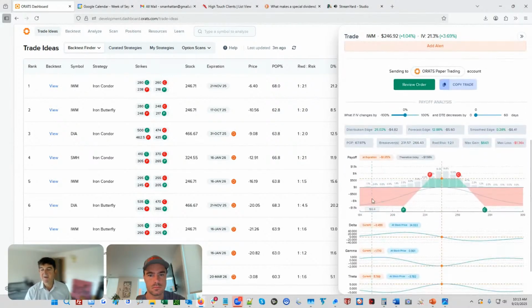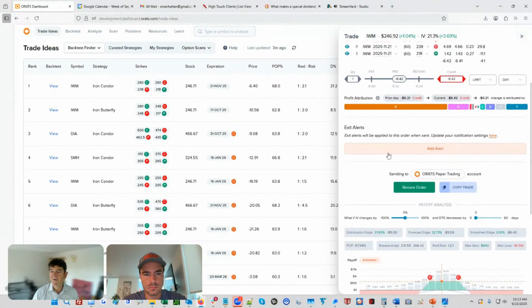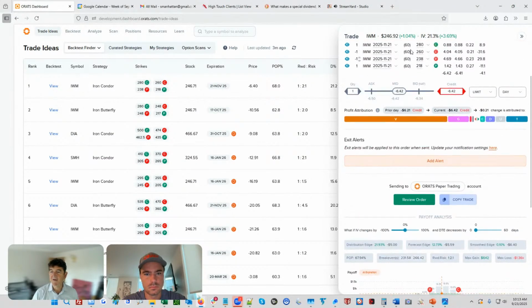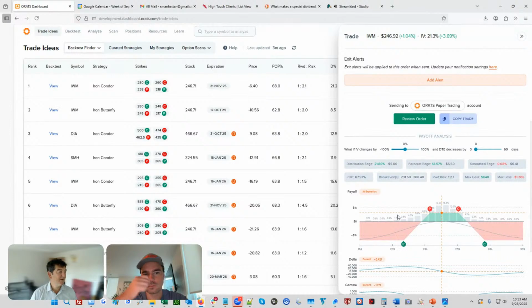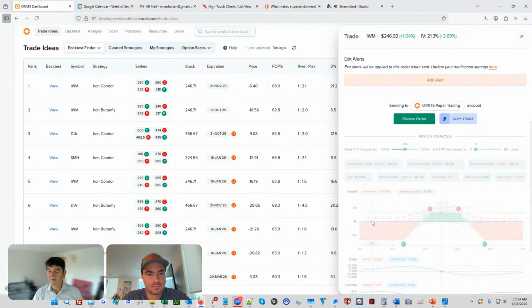But the distribution is based on like 10 years of putting together all the returns for the same amount of time. This is a 60-day time period for this particular strategy. So we gather all the 60-day returns that this stock has had, and if it went down from 246 over that time almost 50%, we put it in that bucket.